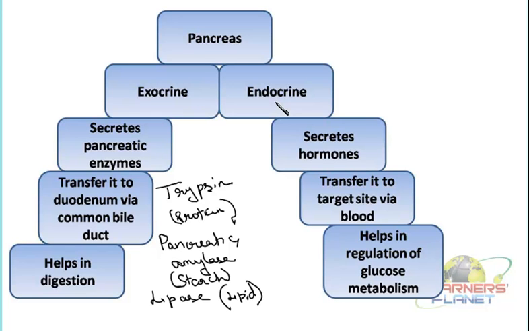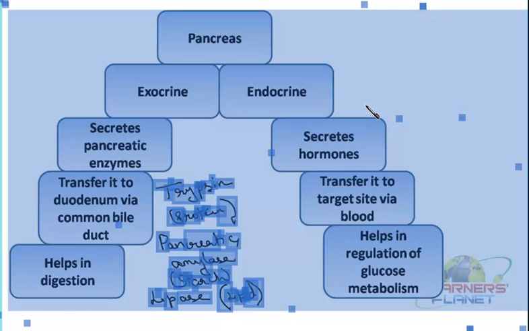It is a hormone which is secreted by the endocrine gland. So this part of the pancreas secretes the hormone which is transported to the target site via blood. These groups of cells in the endocrine gland which secrete the hormones are known as islets of Langerhans.